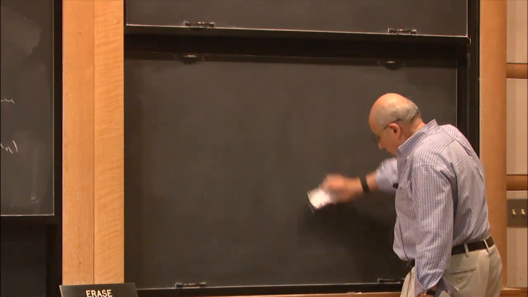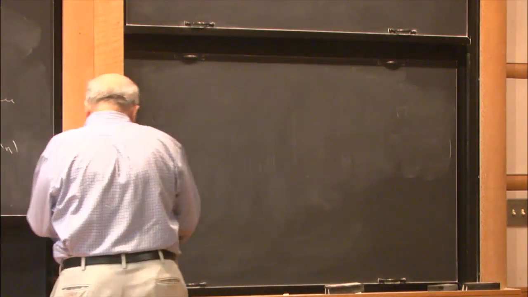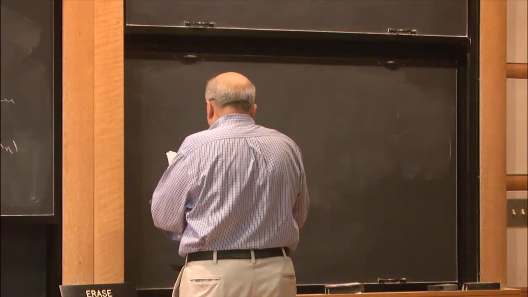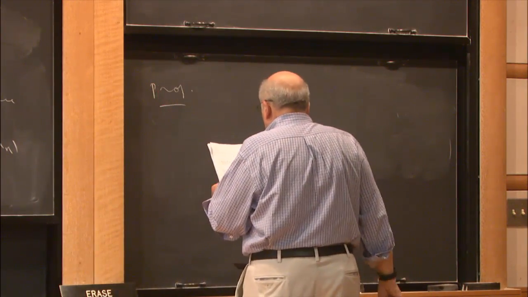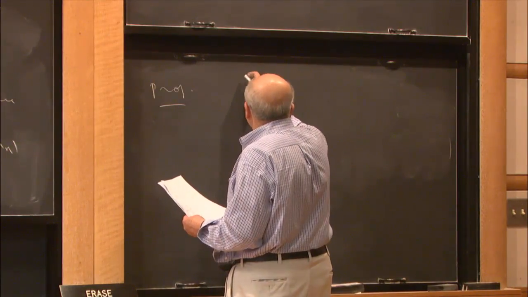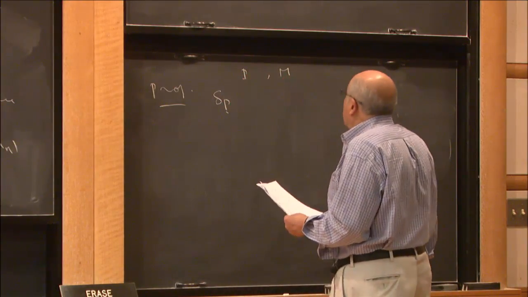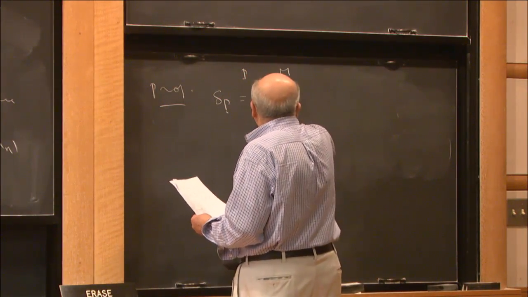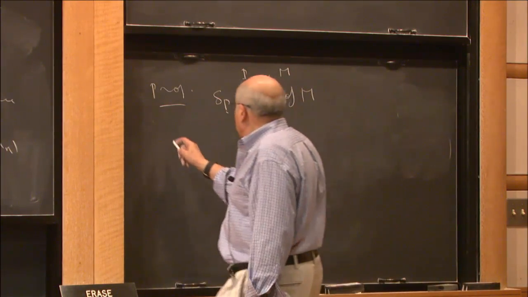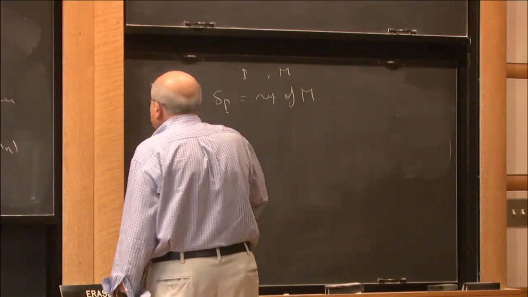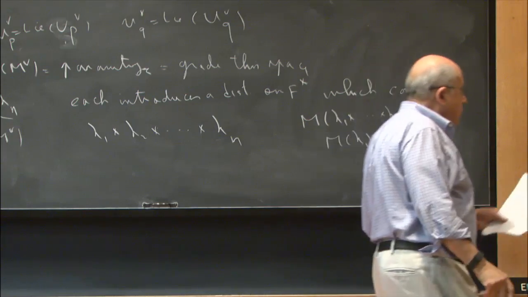So let me tell you what they tell us finally. If you compute this thing, the proposition that you can try to understand from what they are saying is that if I have this parabolic P and I have M, I look at delta P, the modulus character of P as a representation of M. Then this rational function that they introduce, which comes from this convolution of these distributions, is exactly the normalizing factor that you want.